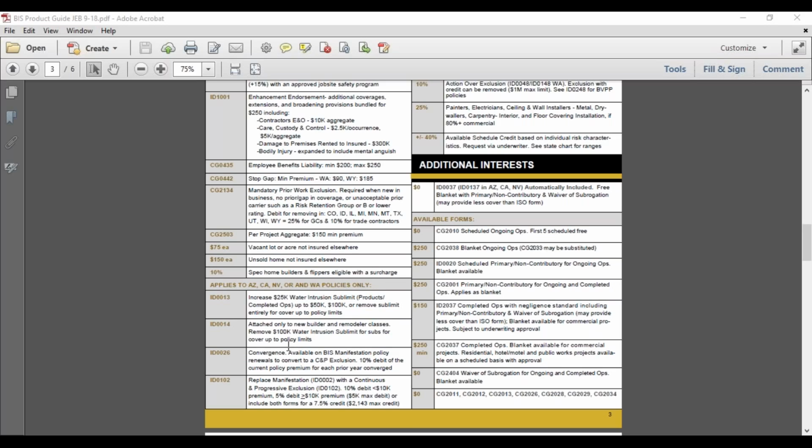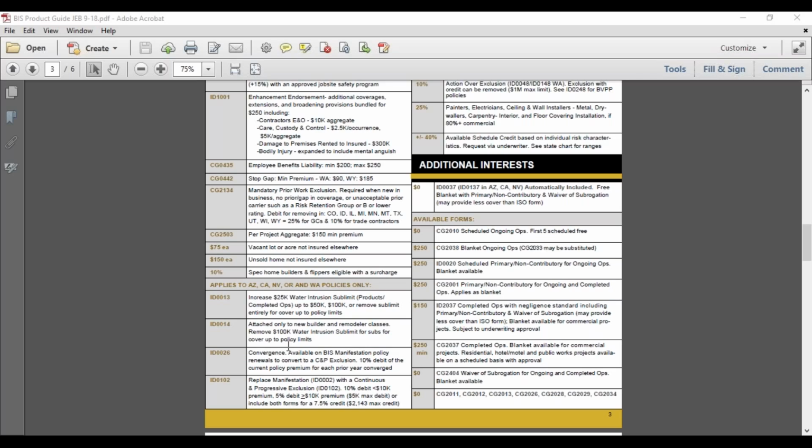Keep that in mind. If you see these forms, read them and ask questions, because there might be a water intrusion sublimit that applies. And I believe if you don't have these forms, then it's policy limits for the subcontractor and the contractor.